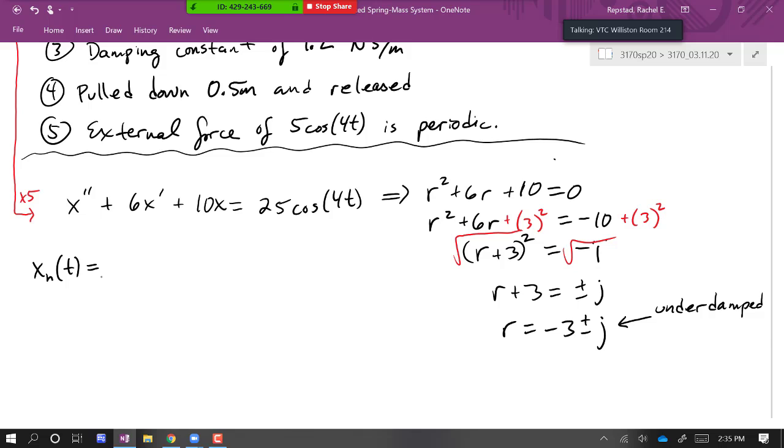Let's say C1 e^(alpha t) cosine beta t plus C2 e^(alpha t) sine beta t.